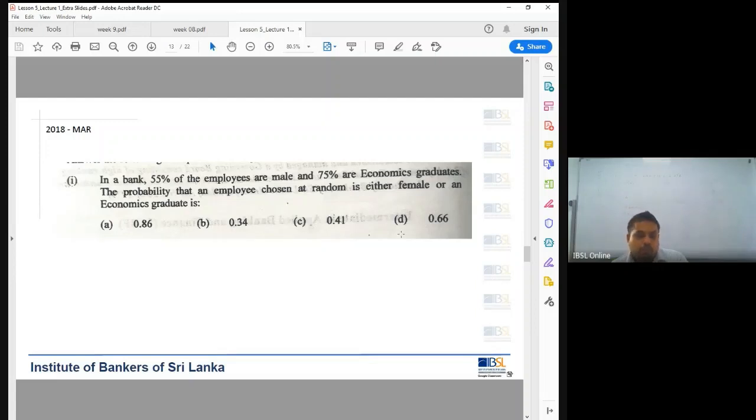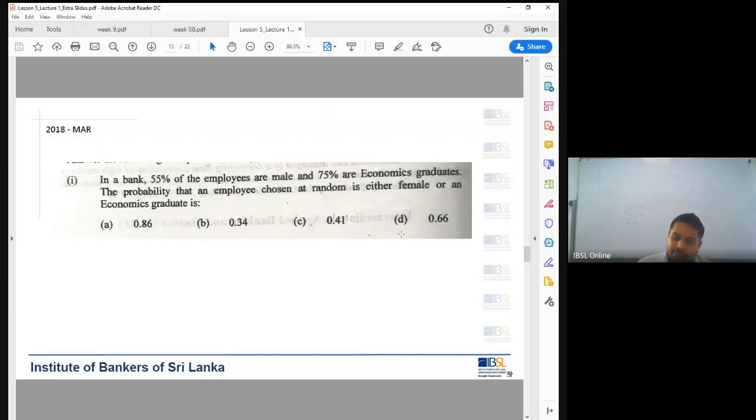Now, do you want to go and choose economic graduates and non-economic graduates in the female region? You don't have to. Why? Because the question is asking whether female or economic graduate. That means being female is enough from that branch on the decision tree. So 45% plus 75% of the 55% male population should give you the answer.